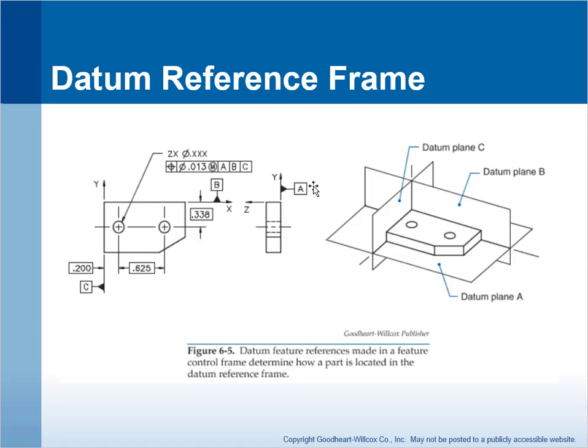Therefore, in this case, A is a very excellent choice of a primary datum. And then if you look at it this way, B here is the second largest surface, and then C is the third largest surface. So to me that makes sense, primary, secondary, and tertiary for this datum reference frame.